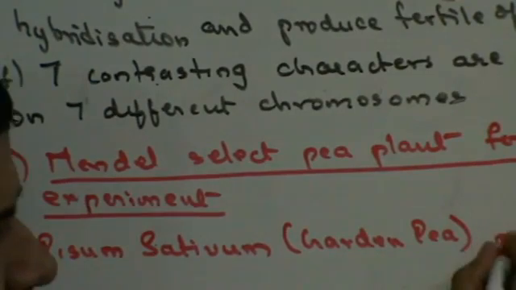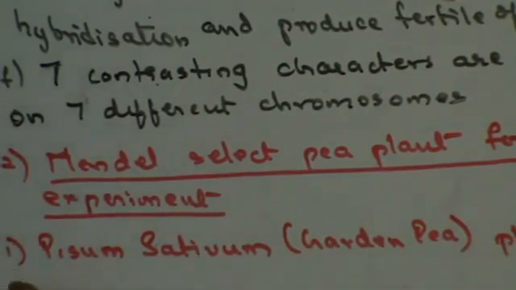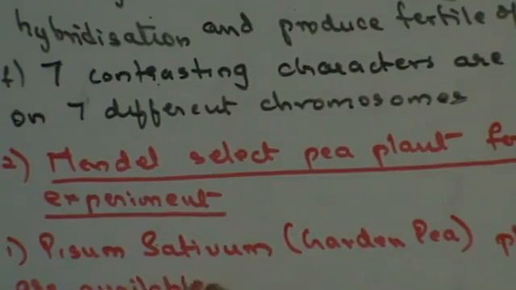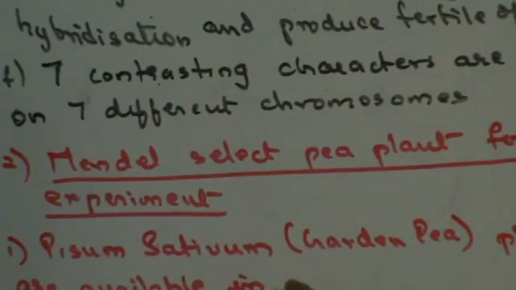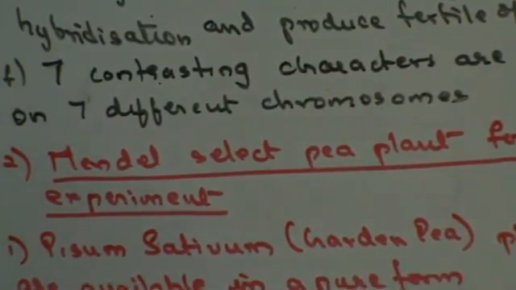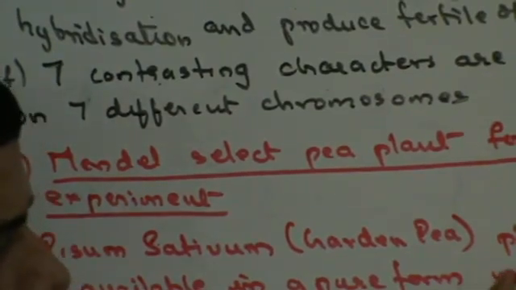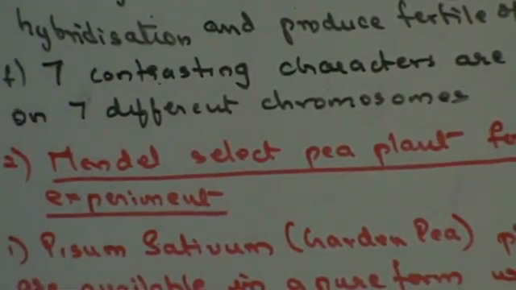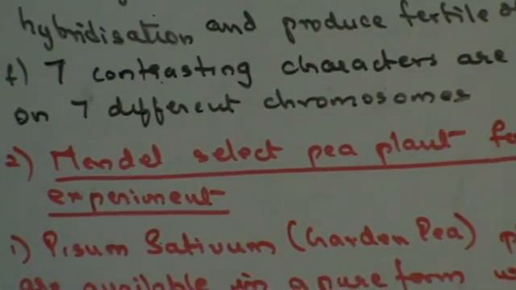Garden pea plants are available in a pure form, with many true breeding characters.